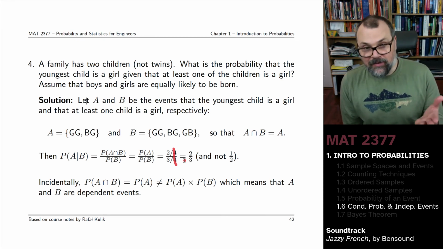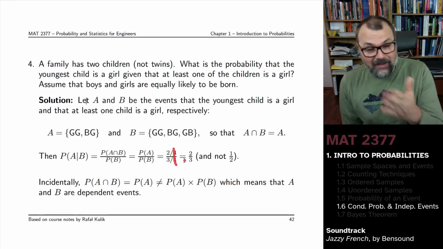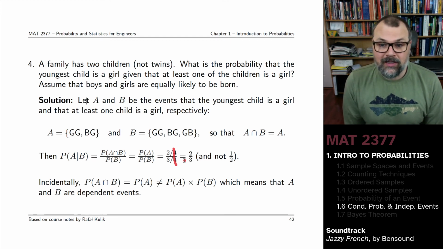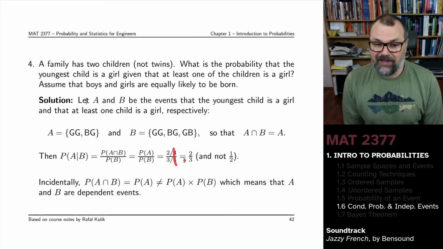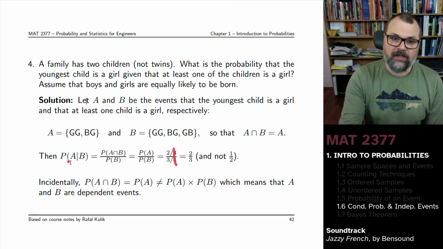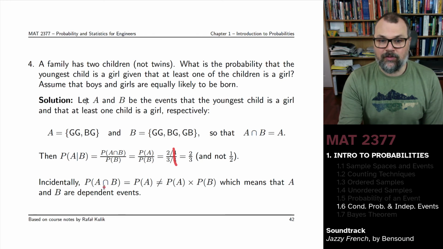And at the same time as you're doing this, you can identify that these two events are not independent, because the probability of the intersection of the events is not the same as the probability of A times the probability of B. And the probability of A intersection B happens to be just the probability of A in this specific problem, which is 2 over 4, 1/2.